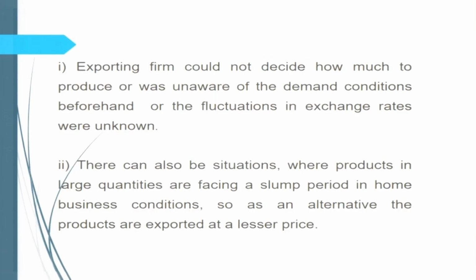So, suddenly there is a depression. In those situations, they would definitely prefer to export it. That kind of situation is also covered under the categories of sporadic dumping. There can also be situations where products in large quantities are facing a slump period in home business conditions. So, as an alternative, the products are exported at a lesser price, which we have already discussed.